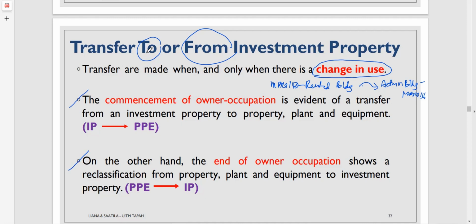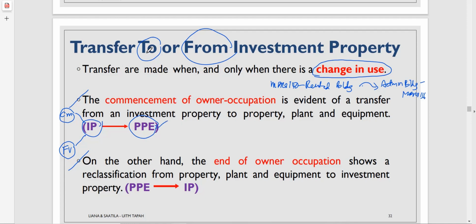So there are two focuses here that we have. One is the transfer from IP to PPE, which will start when there is a commencement of owner occupation. If, let's say, IP before this used the cost model on subsequent measurement, or maybe used fair value on subsequent measurement, which is the option, it will now be transferred to PPE.